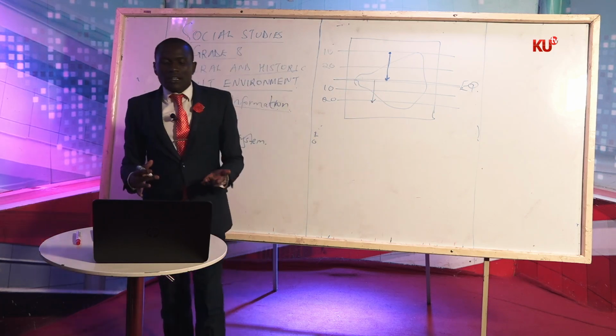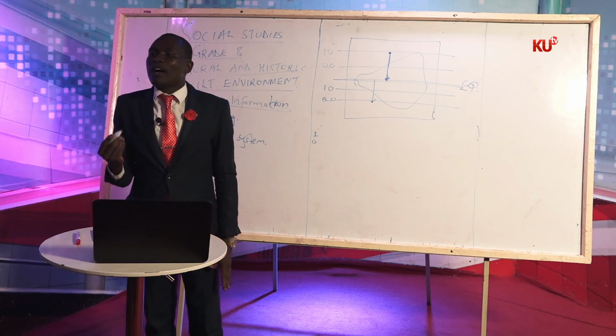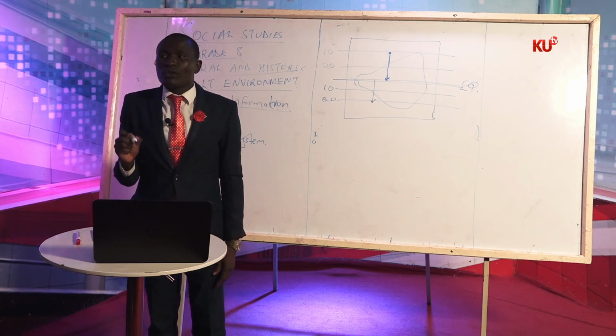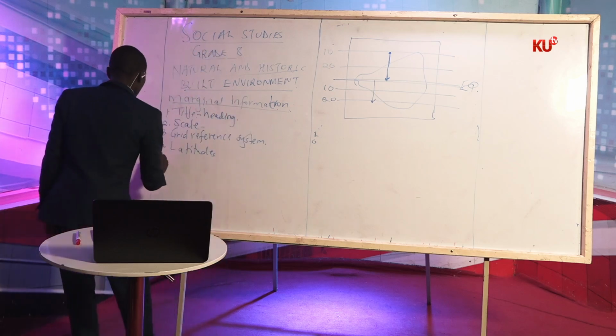So latitudes, in this case, are imaginary lines that show us how far a place is from north or from south. Then we have longitudes.